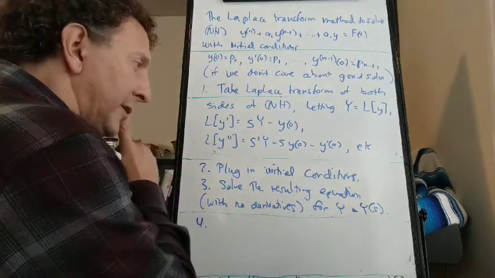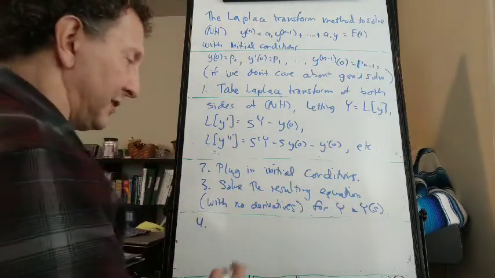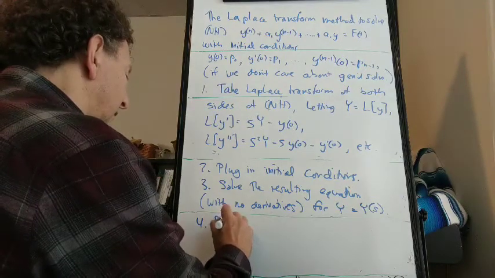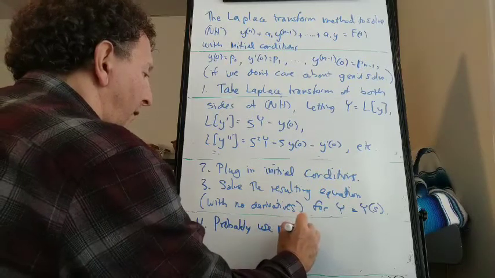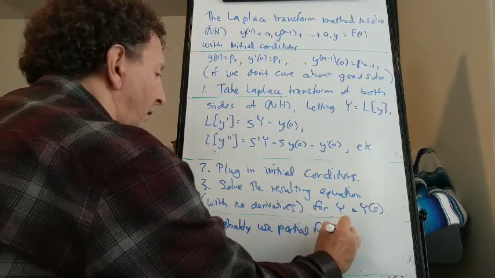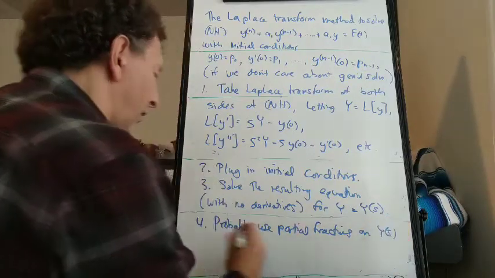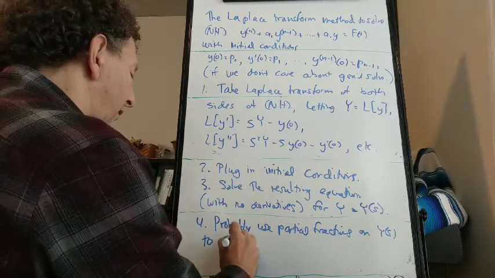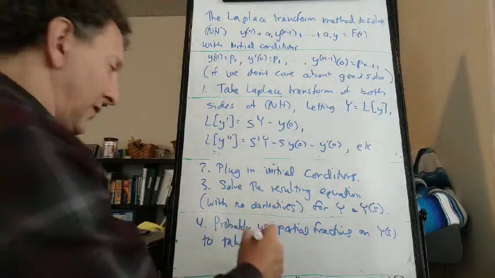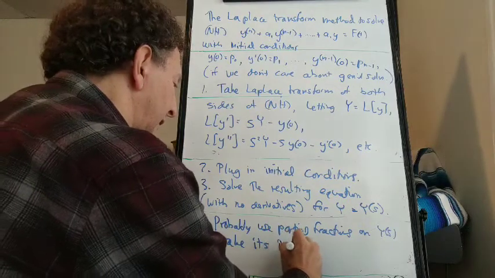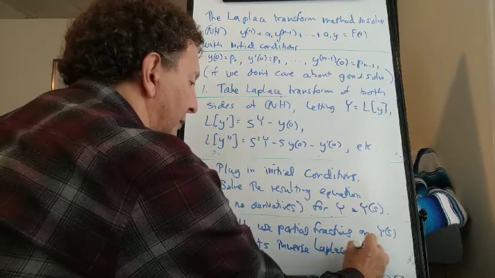Then finally, we take an inverse Laplace transform, and we're probably going to have to use partial fractions on this. So we'll possibly use partial fractions on Y of s to take its inverse Laplace transform.